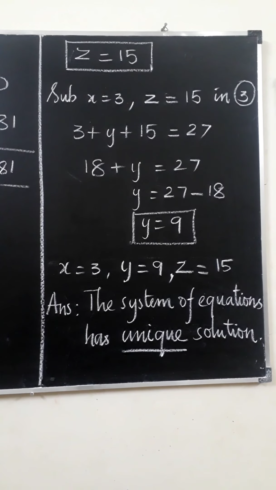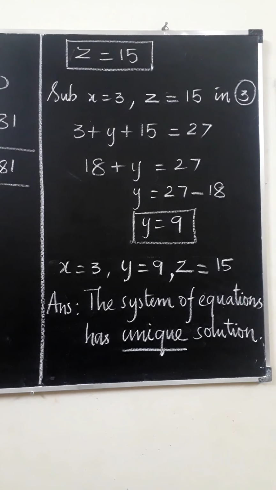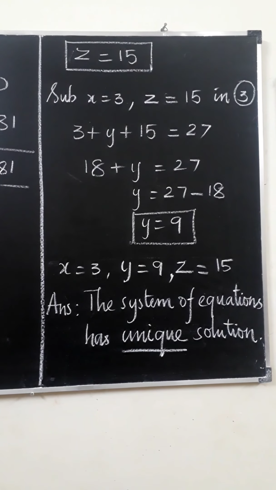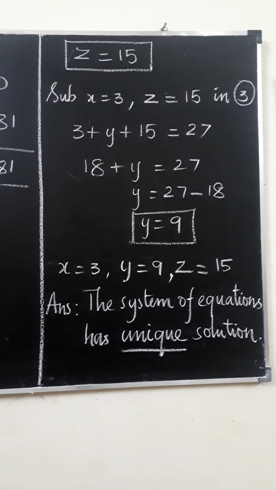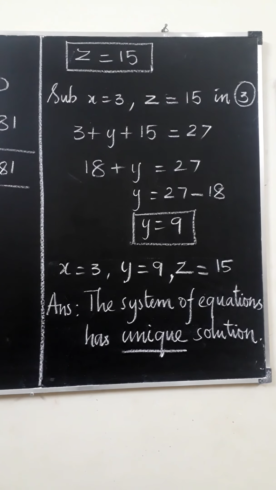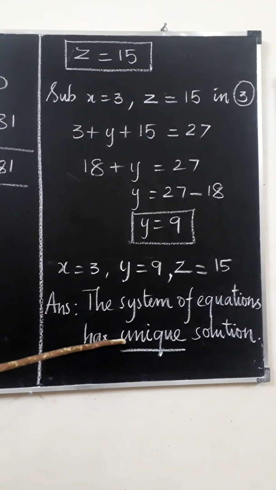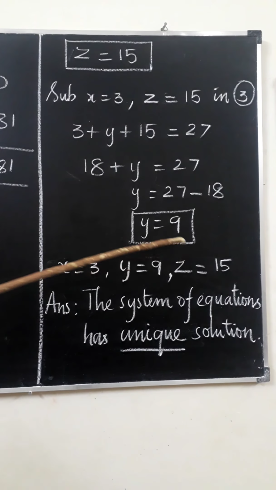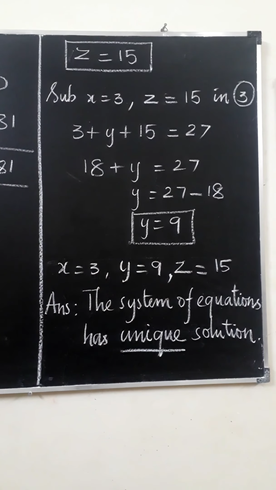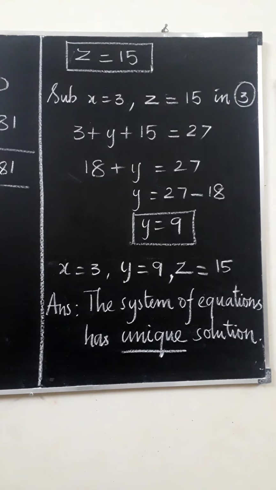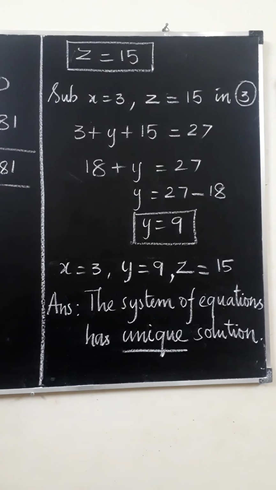Contradiction means 0 is equal to 5 or 0 is equal to 1, which is not possible. That is called a contradiction. If a contradiction comes, then the system of equations has no solution. Or else the third one is that the system of equations has a unique solution if all the variables have only one value as the answer. Hope, children, you know how to find the nature of solution of given linear equations.